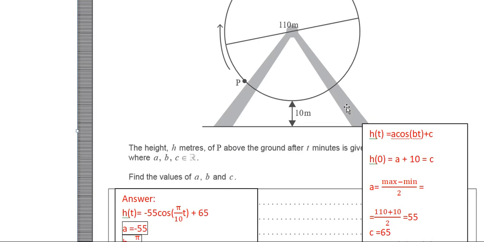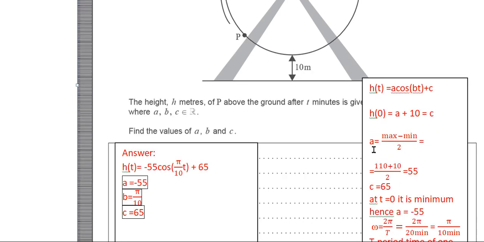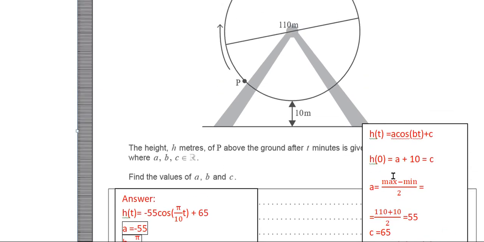This is cyclic motion. So let's assume that it is a cosine function, because it is one of the possibilities. When time is 0, amplitude plus 10 gives us C. So we know C. Amplitude is always found from maximum minus minimum divided by 2.